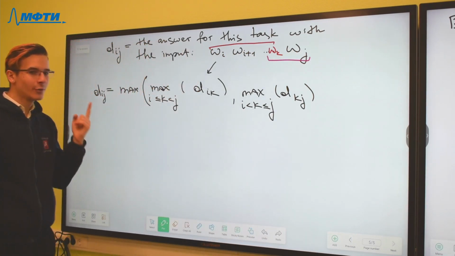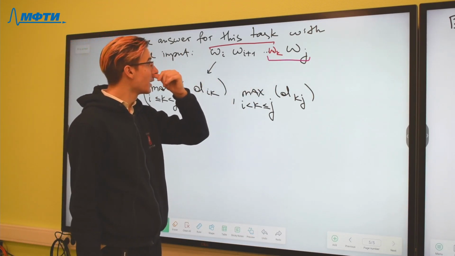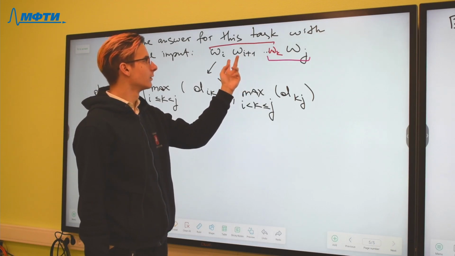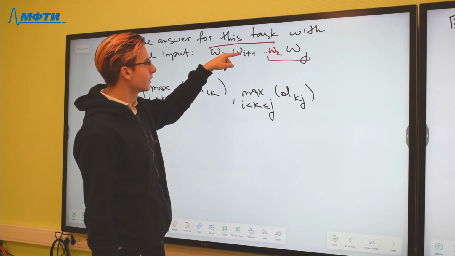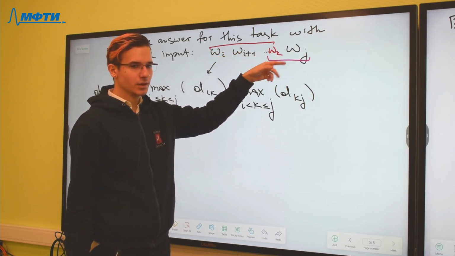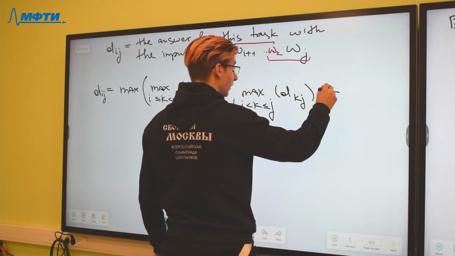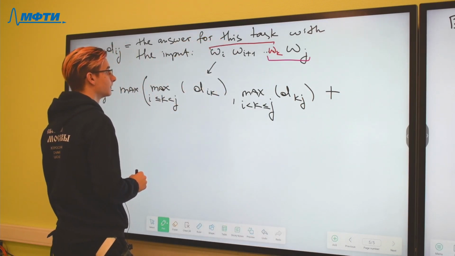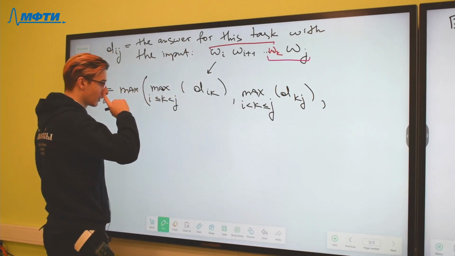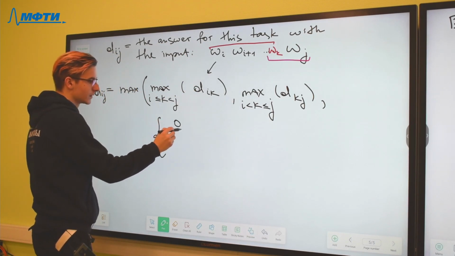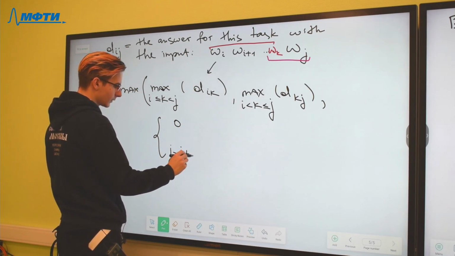And we have one case when it can contain both of these characters: when the answer for D(e+1, g-1) is equal to the difference between these numbers, that is g minus e plus 1.